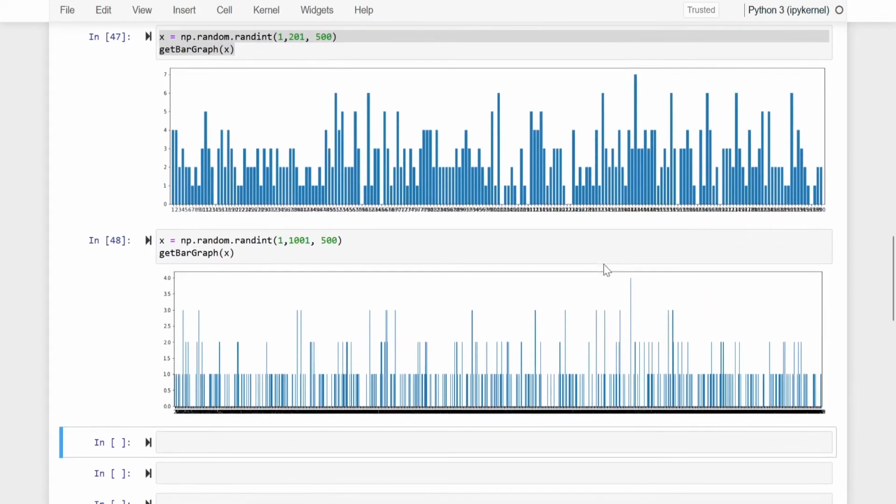See all these numbers. Look at this x-axis and these bars. They are so close. We cannot read the values on the x-axis. Hence, it makes no sense because we cannot correlate.